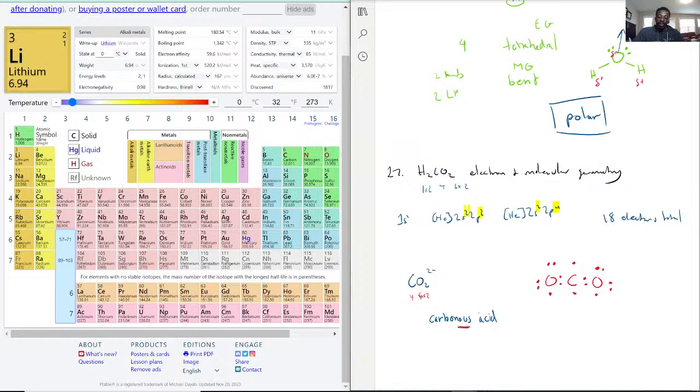To balance this out, CO2 2 minus, this is where it gets tricky. Because if we do the double bonds, it's just carbon dioxide. So there has to be a way to move things around. Ooh, this is where it gets tricky.